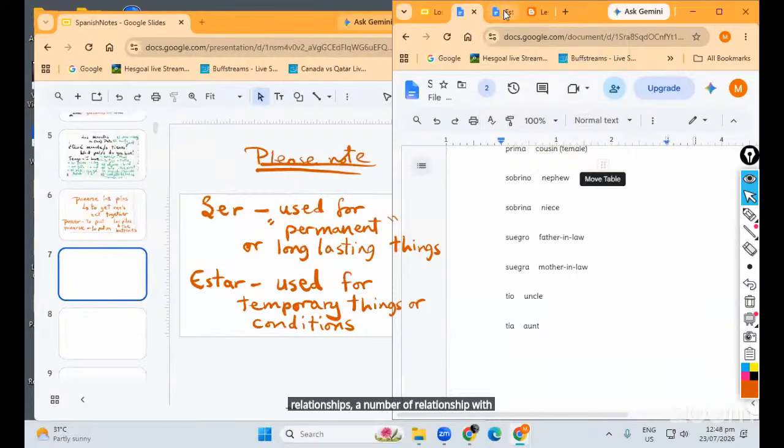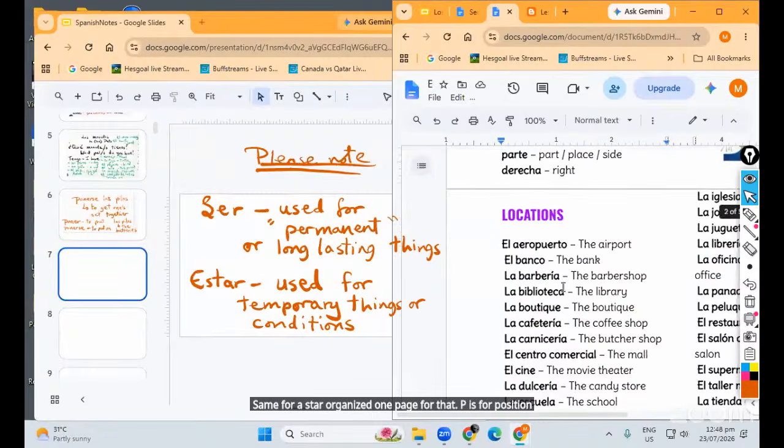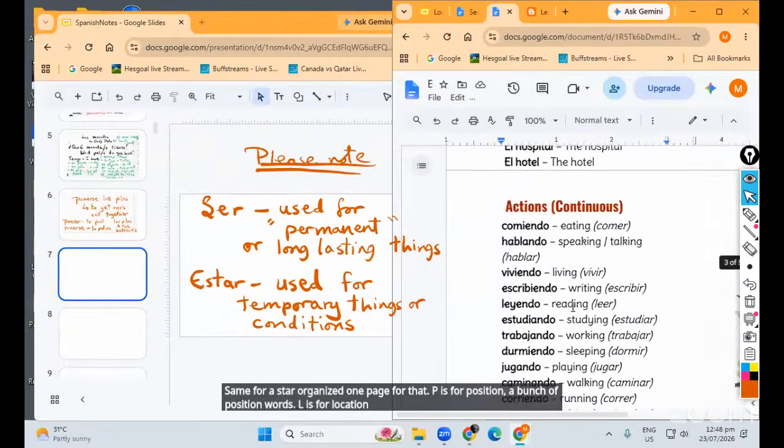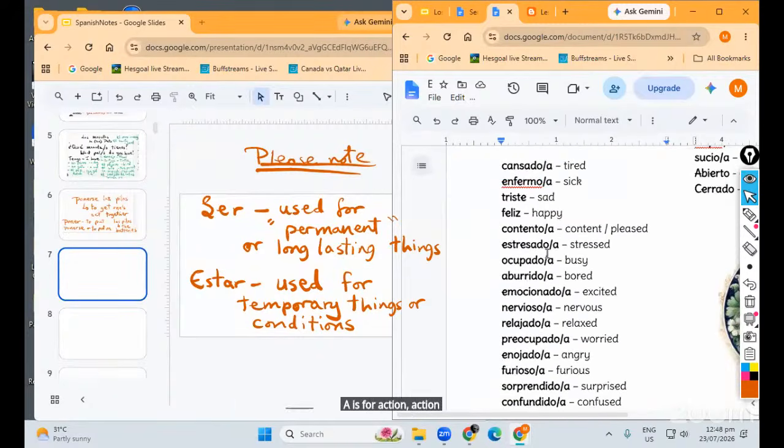Same for estar, organized one page per letter. P is for position, a bunch of position words. L is for location, a bunch of location words. A is for action, action words, right?